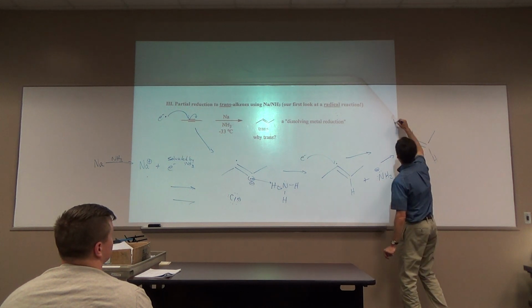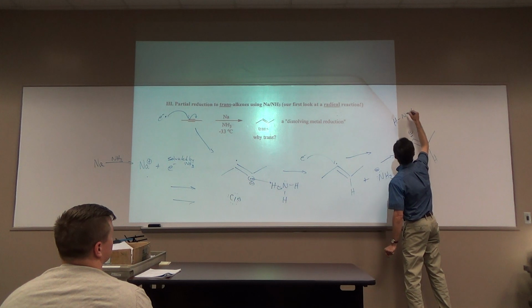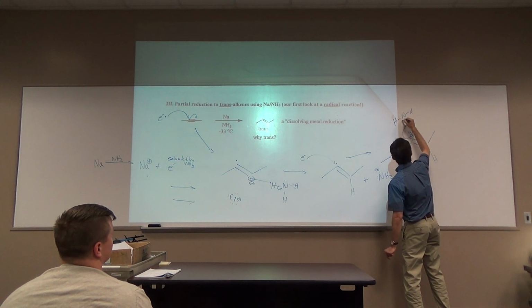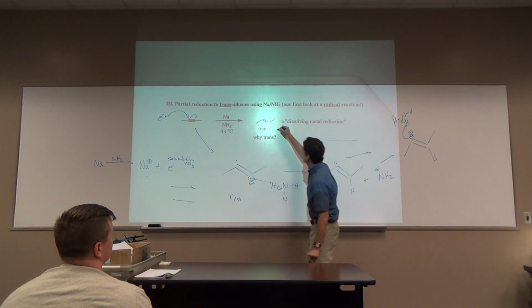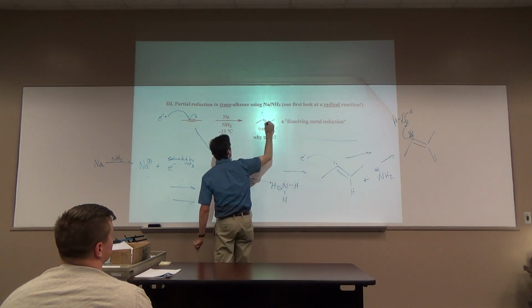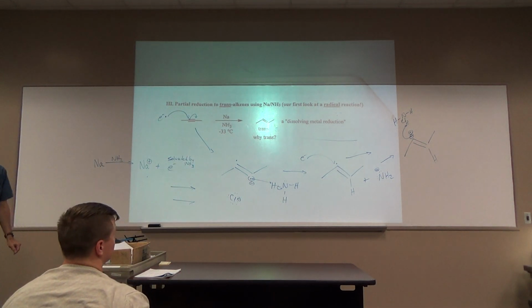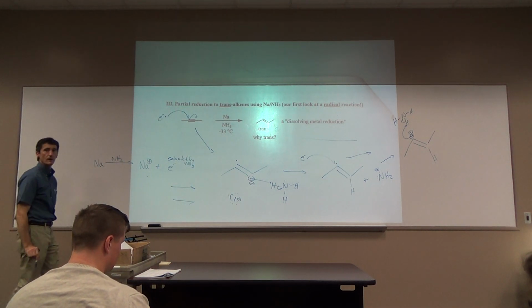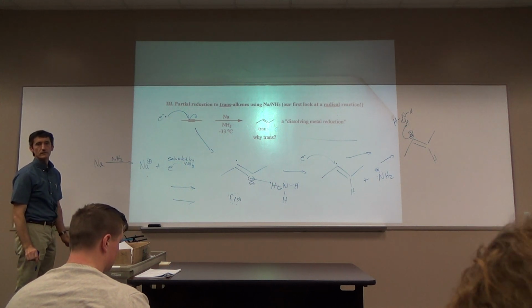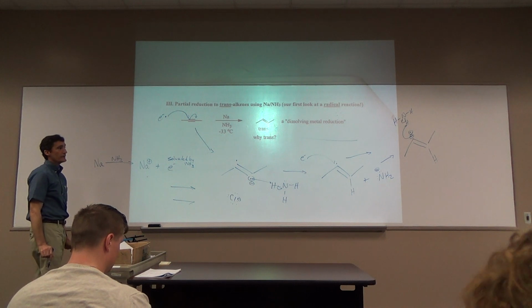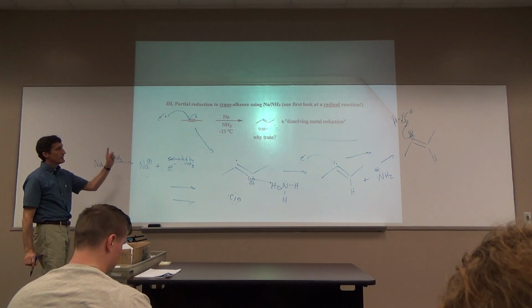We need another ammonia. These electrons take the H, these stay behind, and we get the final product. There's an H on each carbon. Here you go. Okay, fully balanced.